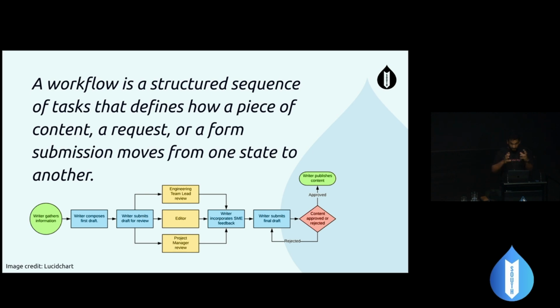So all of you have probably worked with Drupal in some capacity. So if you think about a simple publishing workflow that people would be familiar with, you have a piece of content, it goes into draft, then it goes into needs review, someone reviews it, and then it goes into published. If you think about a web form submission, think about simple approval workflows.